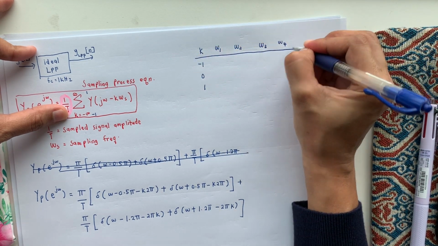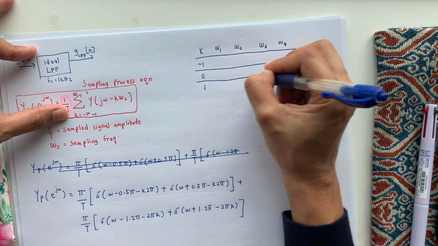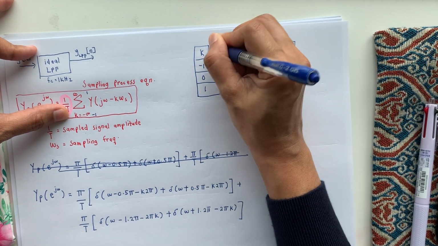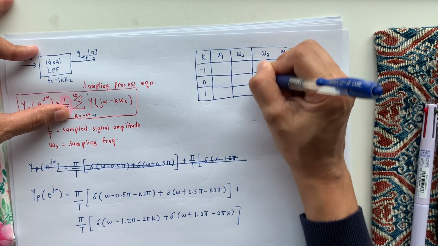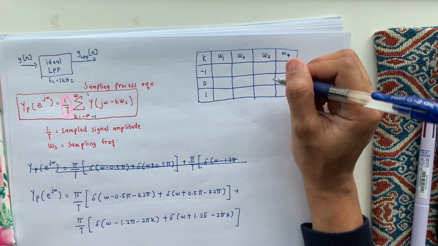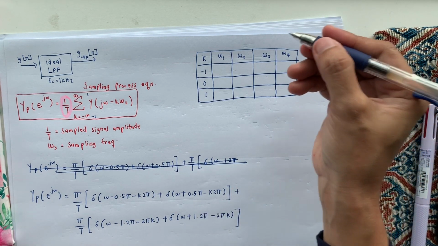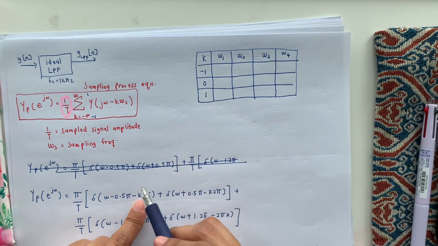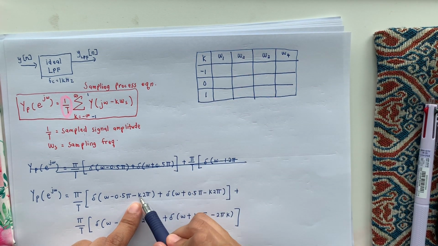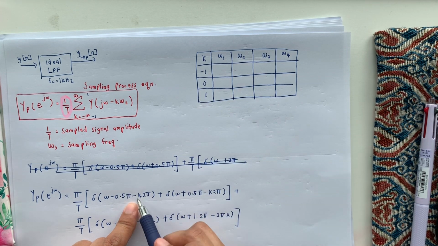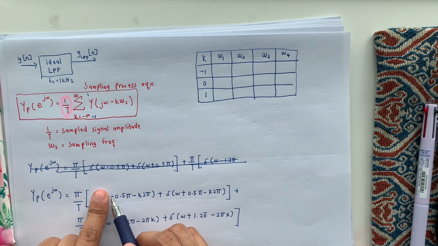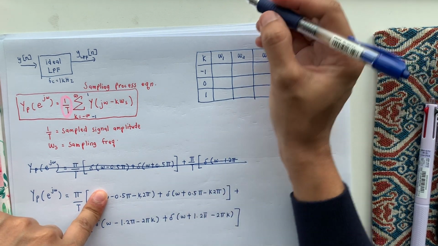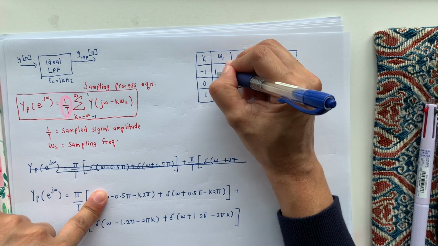So what we are going to do next is you need to use a calculator to calculate the value. From your calculator, you substitute the k value when k equal to minus 1. So this one will become minus 0.5 pi plus 2 pi. So the value you get is 1.5 pi.